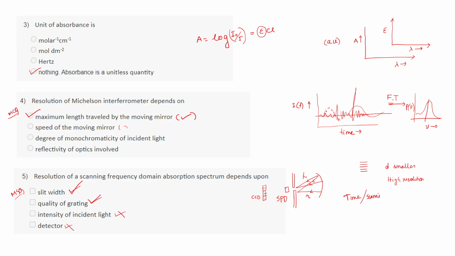And the SPD, the single photodiode, will take much more time to get the data, and the CCD will give it quickly, because here the scanning is not that important. So you can have a big slit, so that lambda 1 and lambda 2 will fall into different arrays.